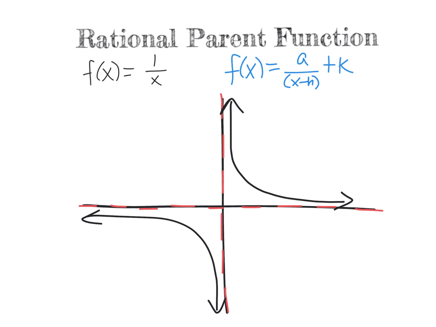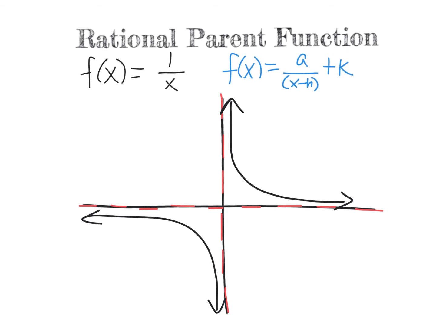Now, if you notice, if we put them side by side and we compare these two functions, notice how in this first one we have a 1 over x, and there's really nothing associated with it. But if we were to put an h and k next to it, this would technically be written something like this.